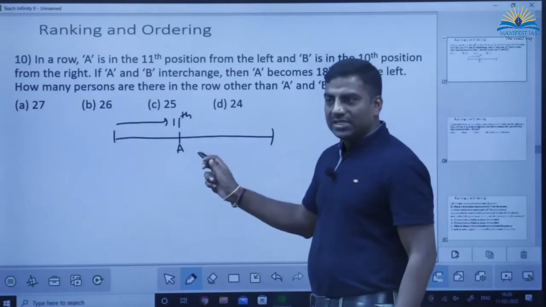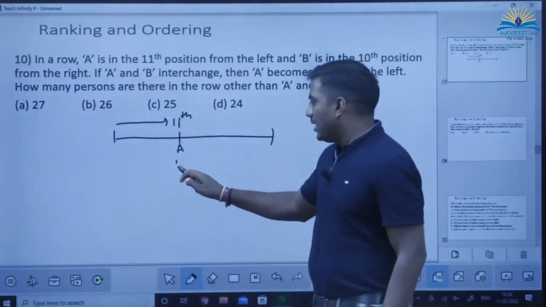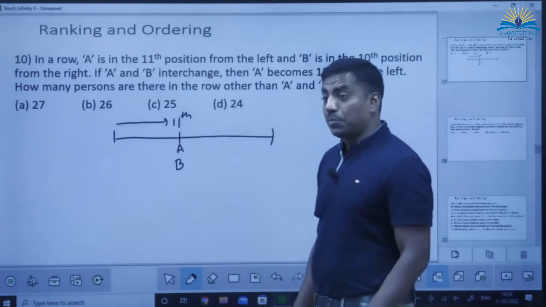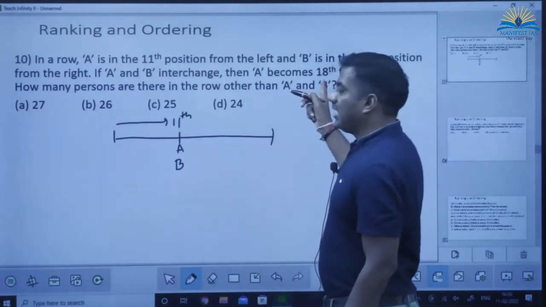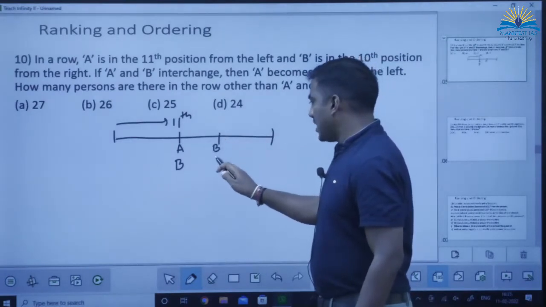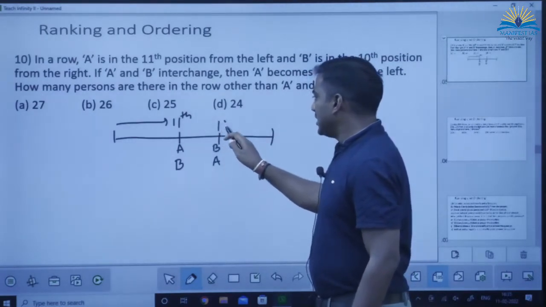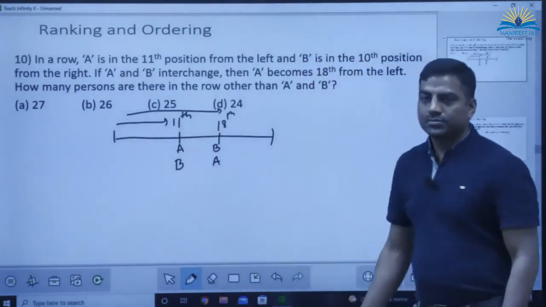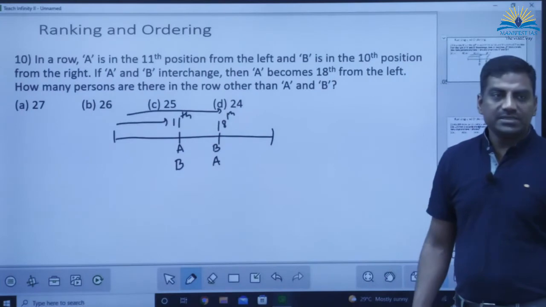A and B interchange their positions. Here B will come. A will go somewhere, but that position would be 18th from the left. So earlier B was here, now A is coming here. This is 18th from left.